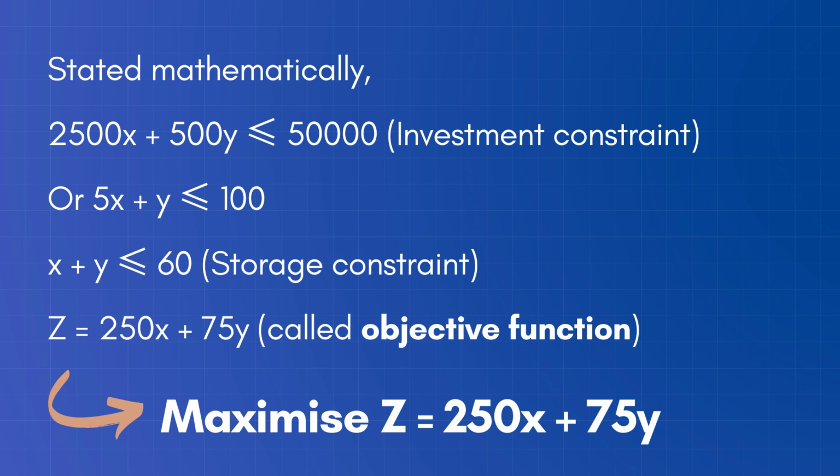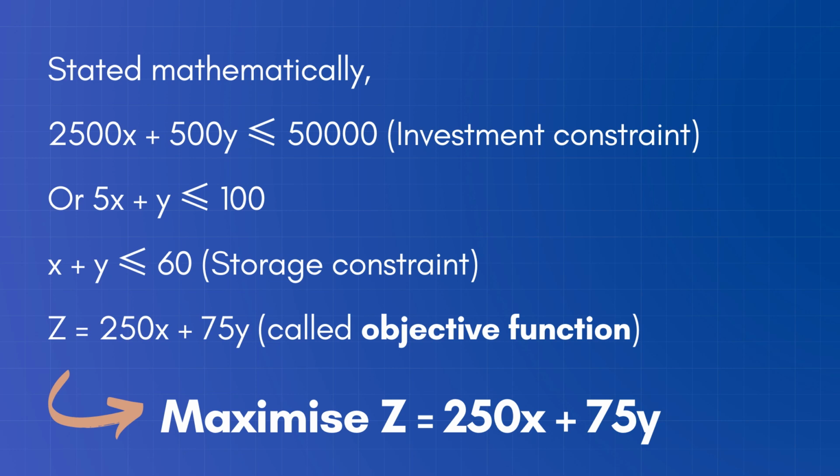This reduces to 5x plus y less than or equal to 100. There is another constraint related to his storage capacity. We will call this the storage constraint. Here we can write it as x plus y less than or equal to 60, x being the number of tables and y being the number of chairs.